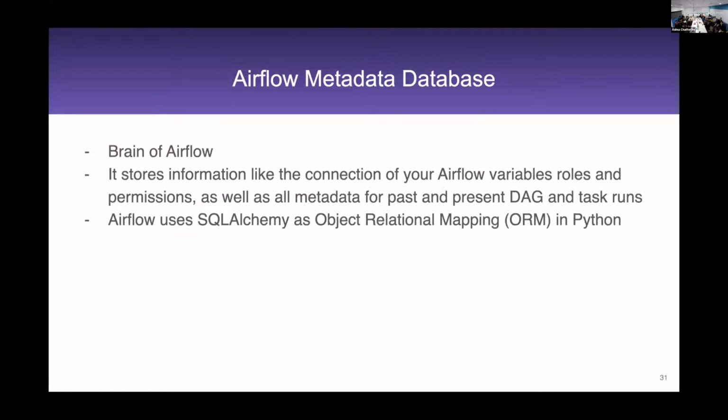It stores all the information: your variables, your connections, your role permissions, and also your DAG status, present runs, past runs. You can even see individual tasks, the DAG run or task run, what their status is, and the logs that you want.